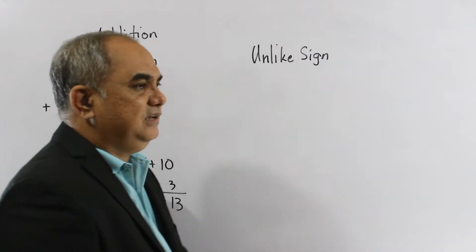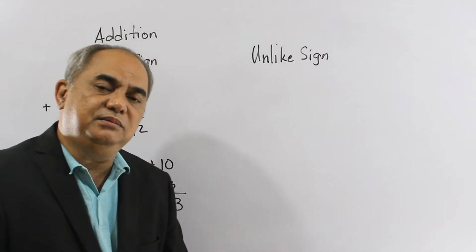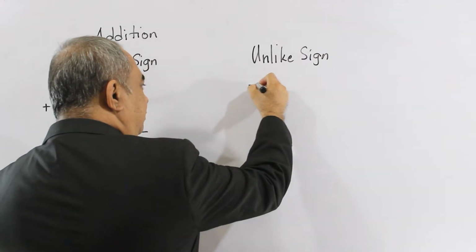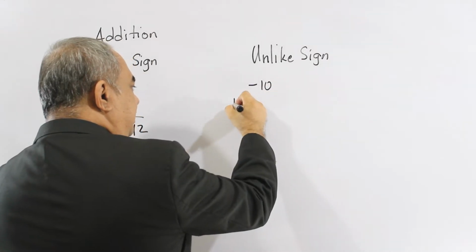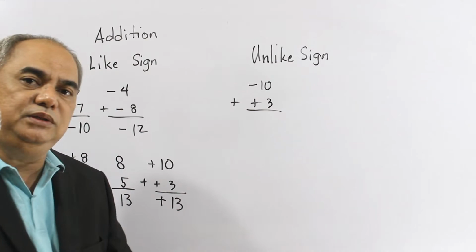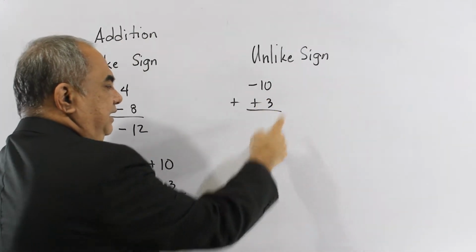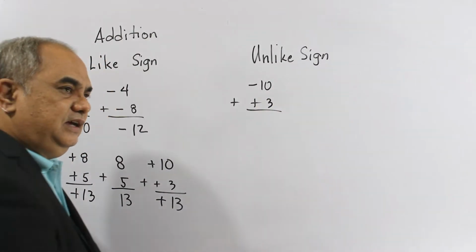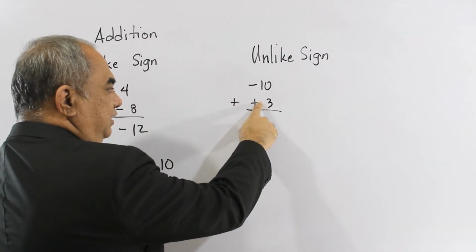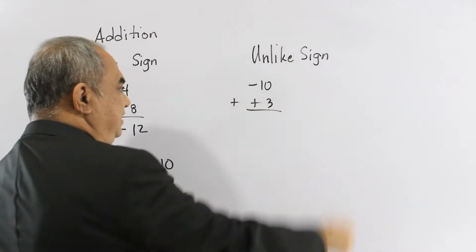Now here, unlike sign, meaning one number is positive, the other one is negative. Example, negative 10 added to positive 3. So what do we do when we have problems like this? First, let's investigate. One addend is negative, the other one is positive. That's why they have an unlike sign.